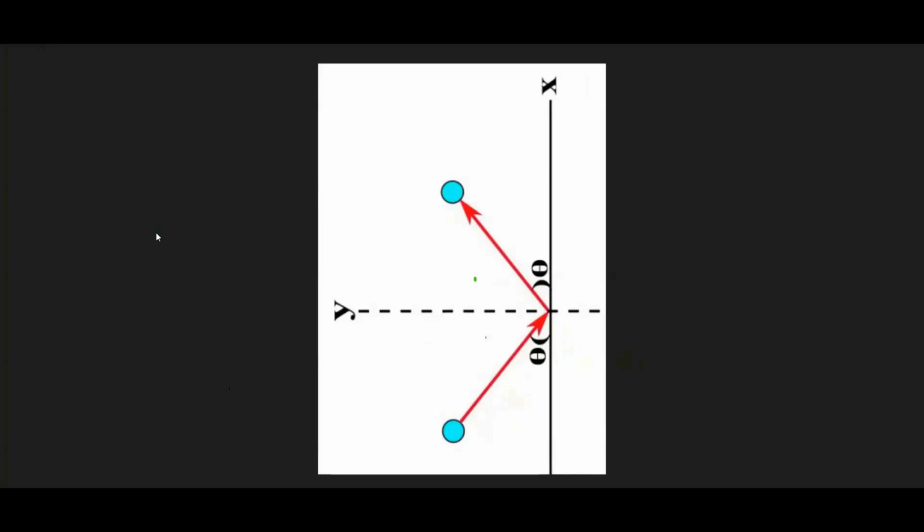This was hit with 10 kg meter per second. Let's take this one as theta 1. Instead of these things, we'll calculate the angles over here. I want angle theta 1 here and angle theta 2 here.